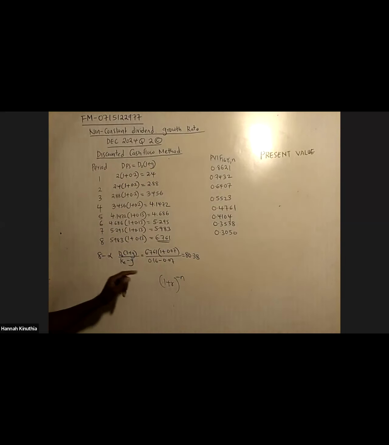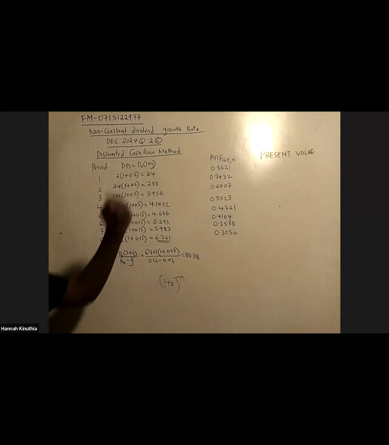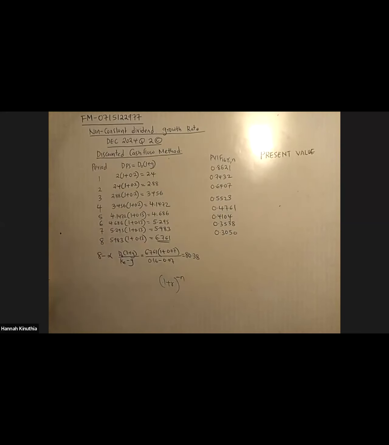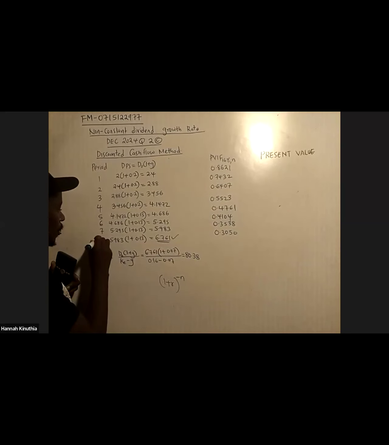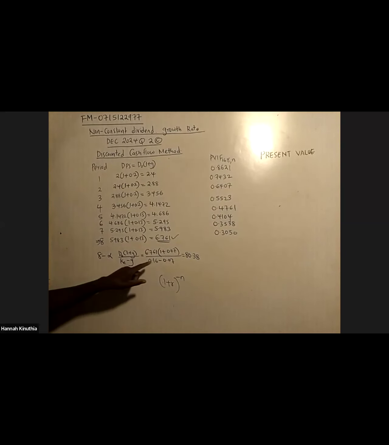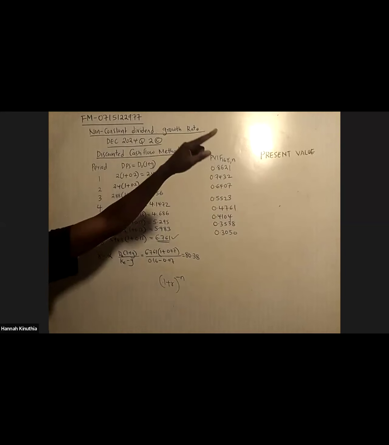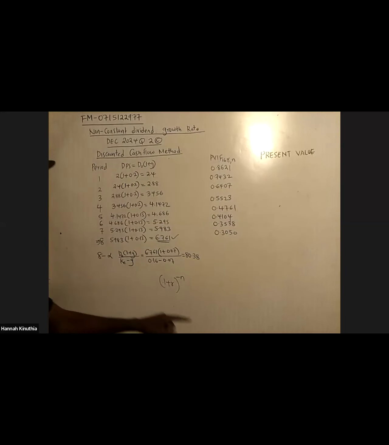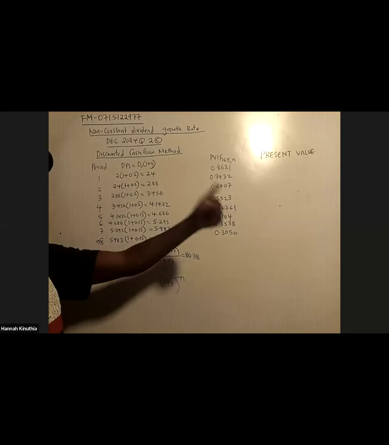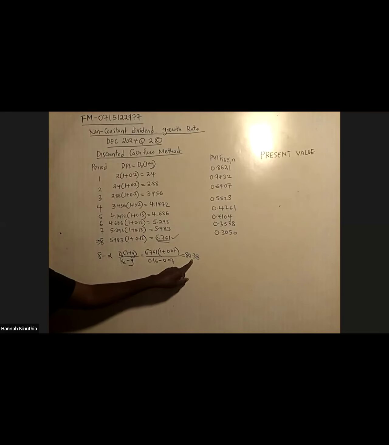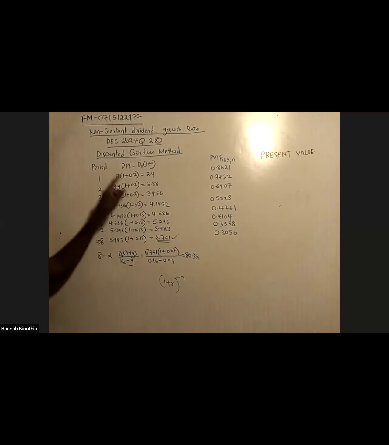Now remember, the Gordon's model is a model which is used to convert the future value to present. This model may convert this cash flow up to year 8. From perpetuity, or from infinity, it determines the present value up to year 8. Now, this 80.38 is up to period 8. Now we need to reduce this one to period 0.